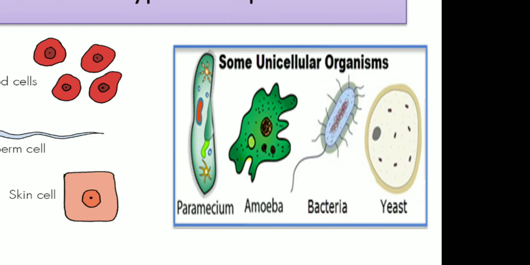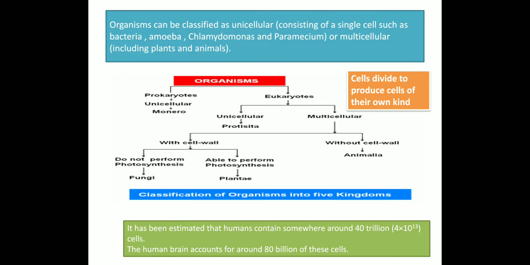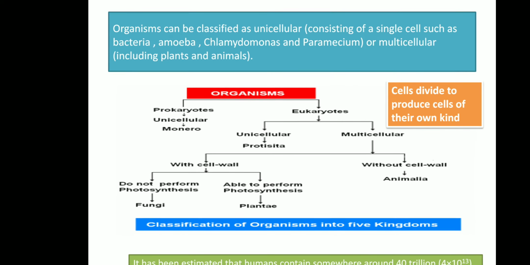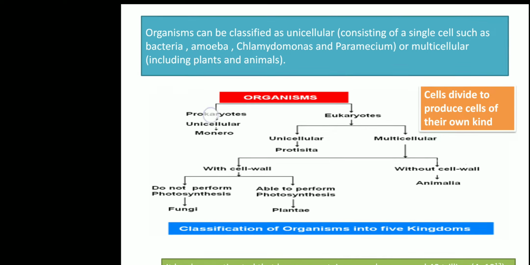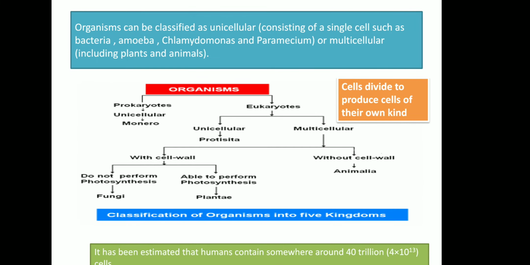Here is the organisms chart, the classification into prokaryotes and eukaryotes, which we'll discuss later on. The multicellular organisms include both plants and animals.